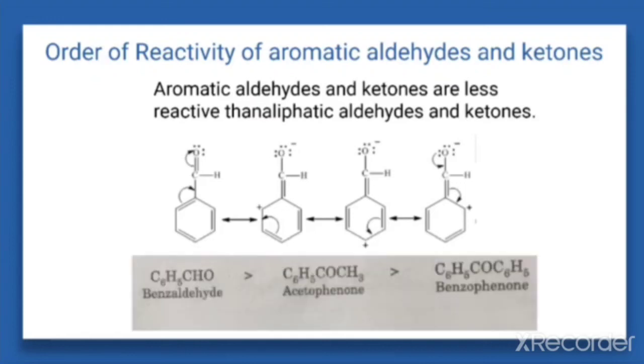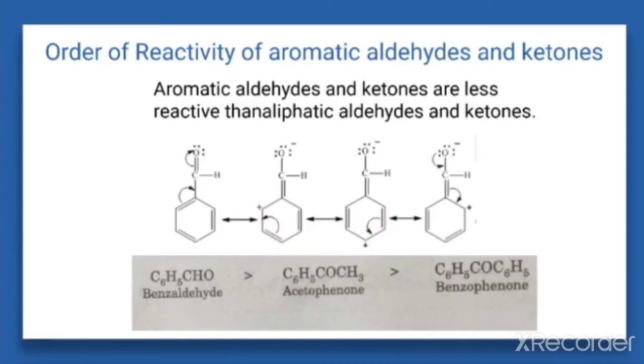When we compare the reactivity of benzaldehyde, acetophenone and benzophenone, in benzophenone the carbonyl group is surrounded by two C6H5 groups, that is phenyl groups, and in acetophenone there is one methyl group and one phenyl group, and in benzaldehyde only one phenyl group is there.